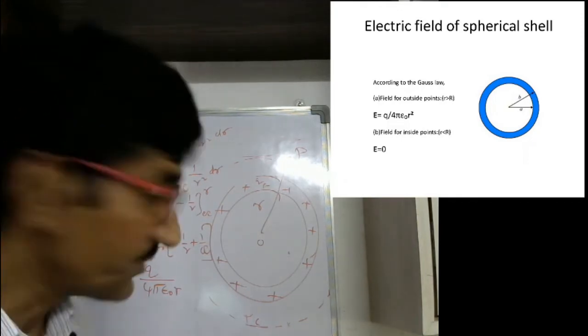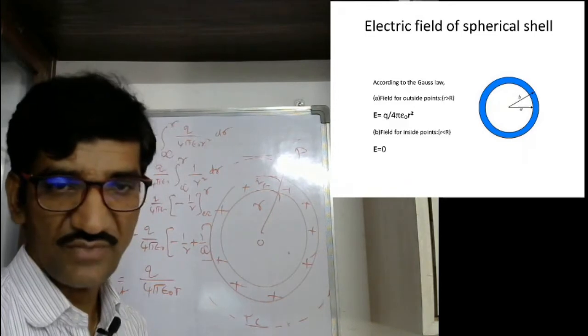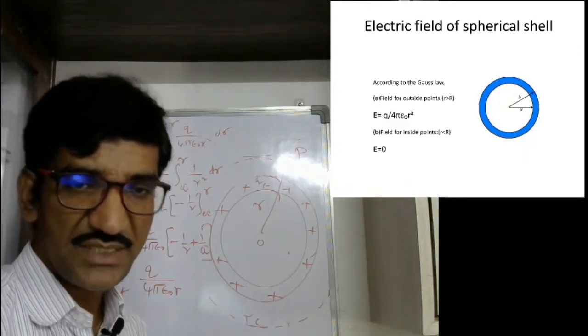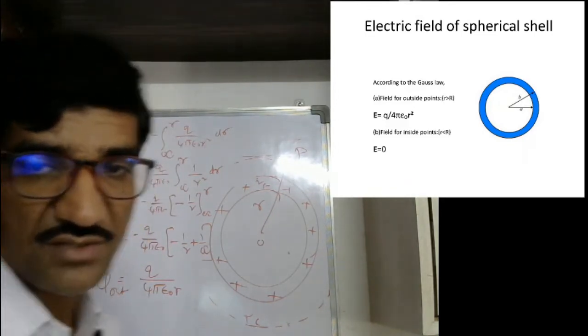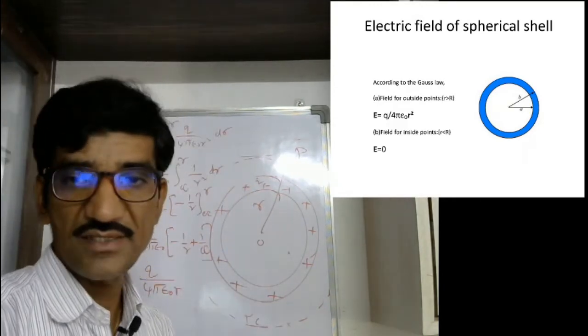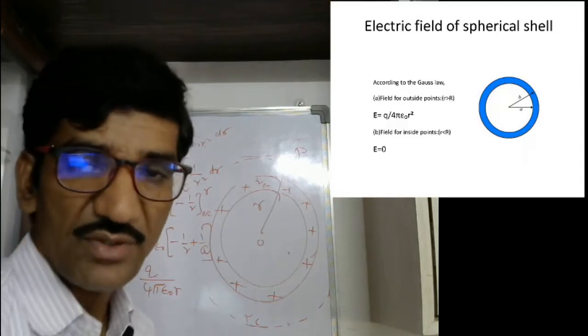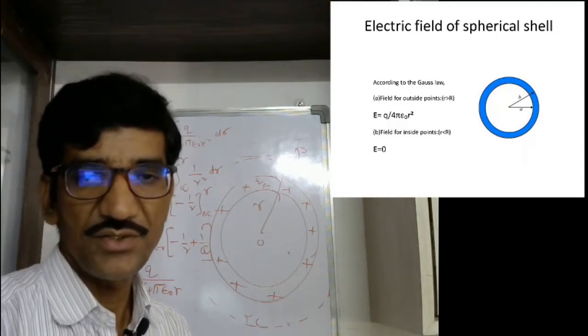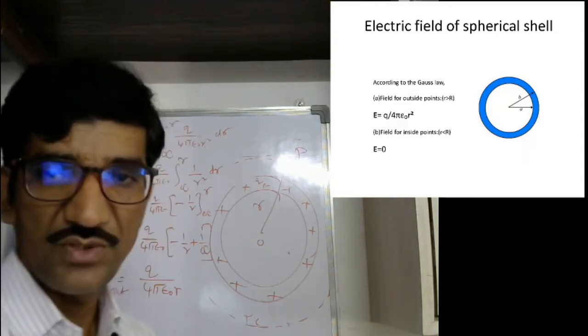It doesn't matter; you finally have the same expression. Now, what is the difference between the potential of a uniformly charged sphere and a spherical shell? In the case of potential at the inside points, you see different formulas in these two cases.